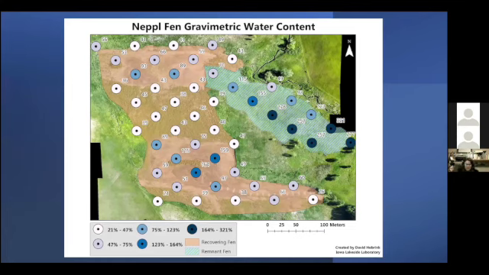So to give you an idea of what came out of the soil rehydration study, Ashley had 49 locations that she was sampling weekly to do gravimetric analysis to see over time where degrees of saturation were occurring, comparatively.